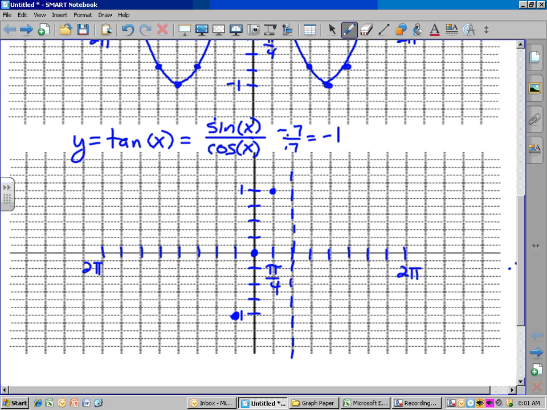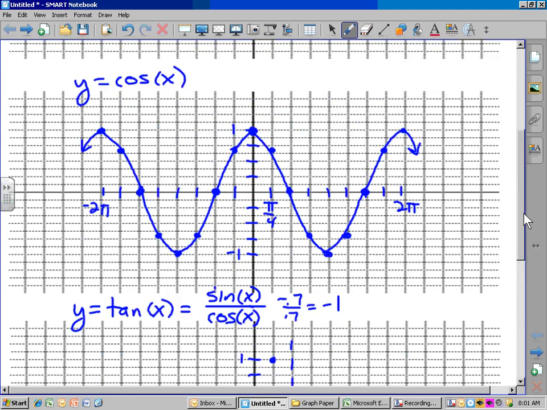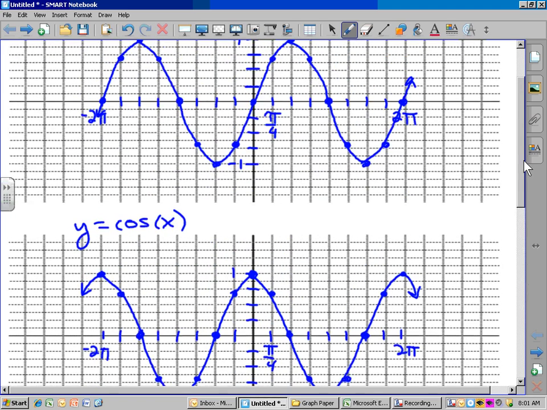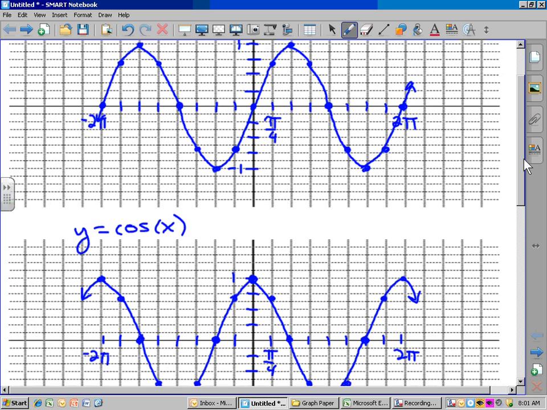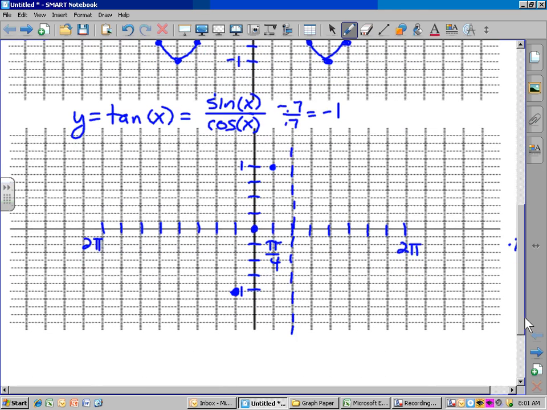And negative 90. Where's sine? Negative 1. Where's cosine? 0. Negative 1 over 0 is undefined. So, we have another vertical asymptote.